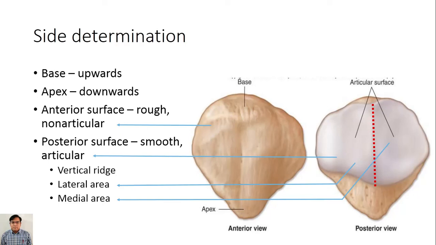On the basis of this, if the lateral surface is on left side, then it is a bone of left side. If lateral surface is on right side, then it is of right side.